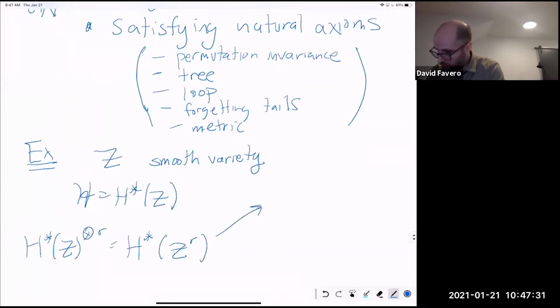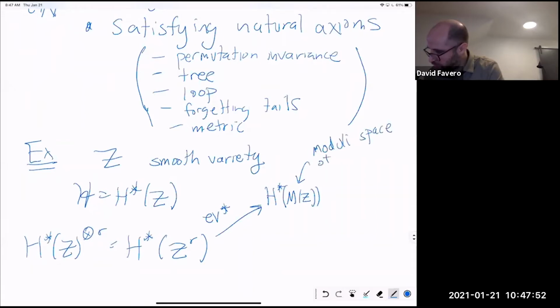And then this can go by some evaluation map to the cohomology of M of Z. So this M of Z is going to be some kind of moduli space of maps to Z from curves, okay?